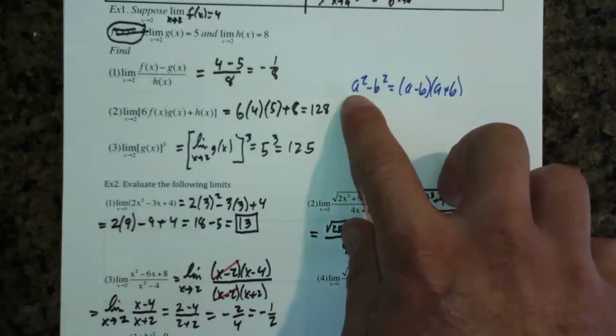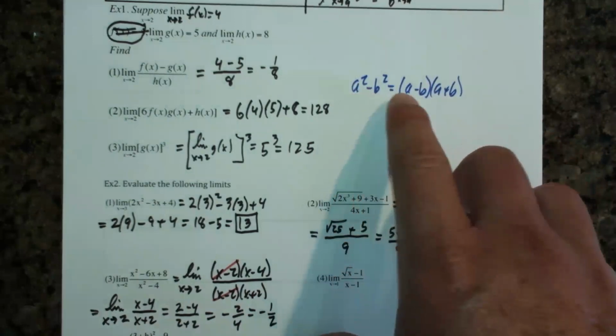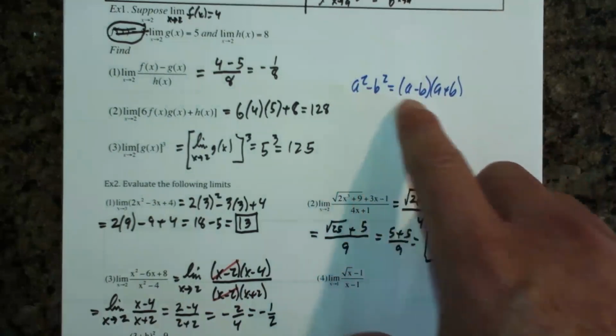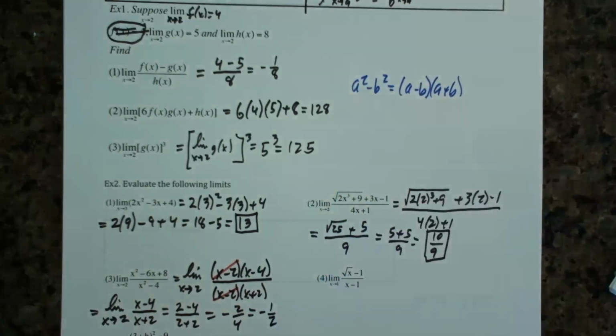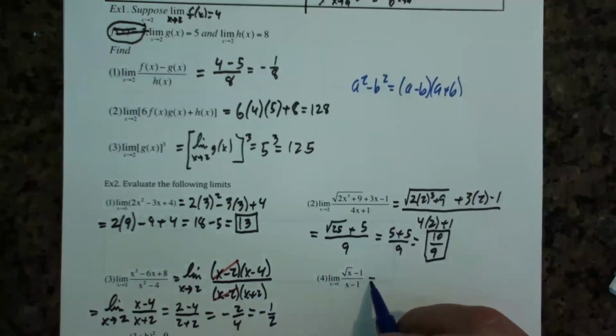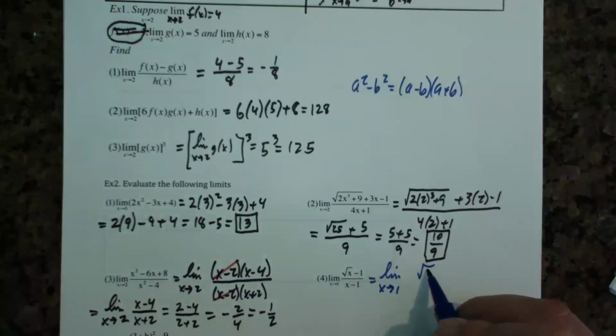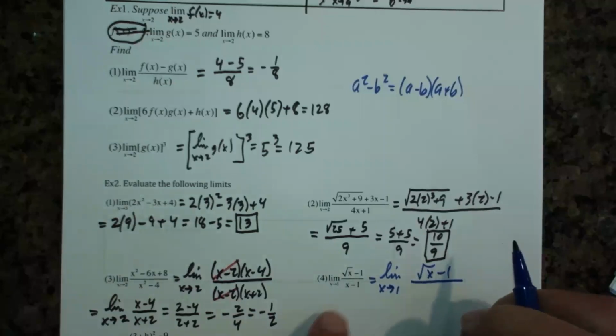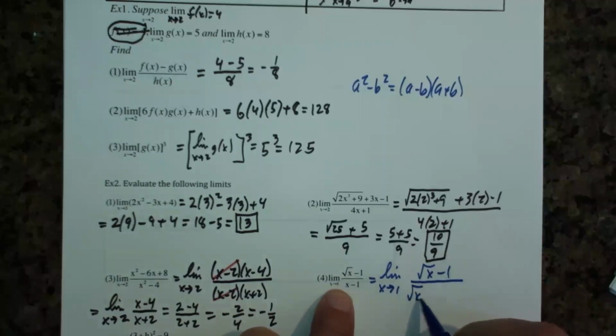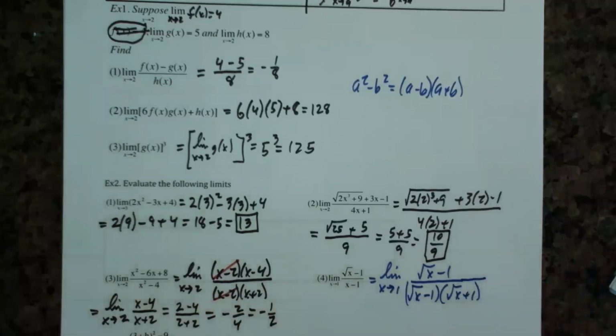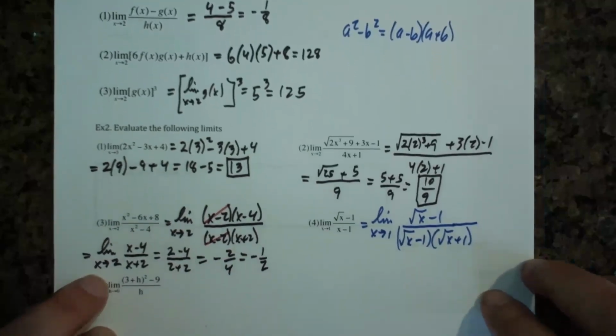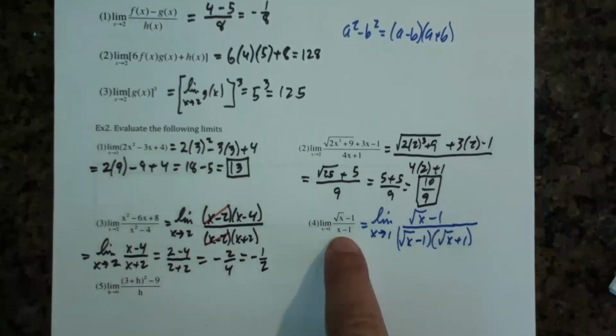I'm going to say it's this square root that gets me there, and it's this square root that gets me to the b. So this limit here is going to be the square root of that minus 1, and the square root of that plus 1. Now, if you FOIL that back together, you'll see that the inner and the outer all kind of collapse out, and we end up back here.